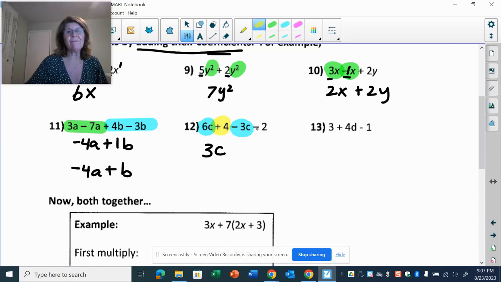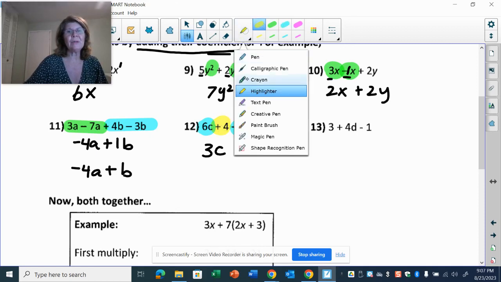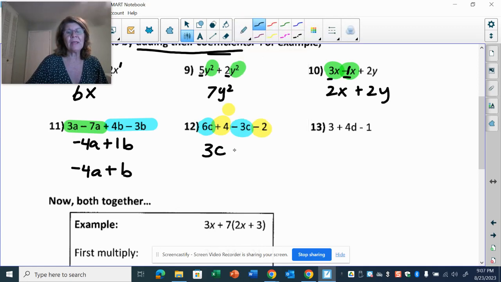I've got a positive 4 and a minus 2. So 4 minus 2 is a positive 2. And now this one only has the 4d, so you can't combine it. Just write 4d. 3 minus 1 is positive 2.